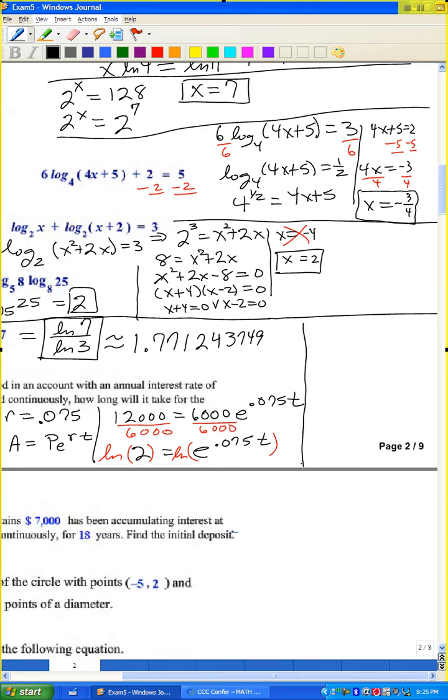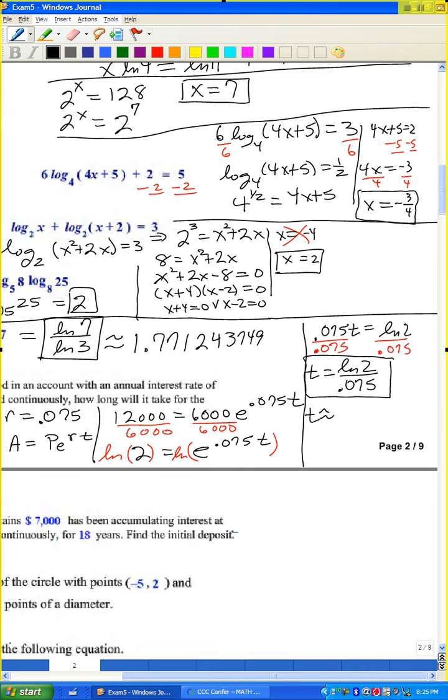And so you get 0.075 t equals ln 2. Divide both sides of your equation by 0.075. And so I have that t is equal to ln 2 over 0.075, which is approximately.